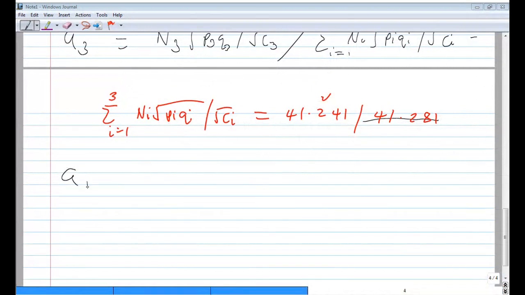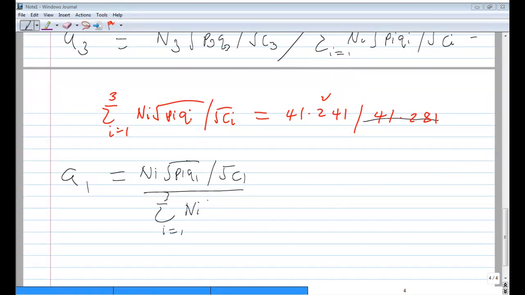So remember we're finding A1, which is equal to N1 square root of P1 Q1 divided by square root of C1, then divided by the summation of ni square root of pi qi over the square root of ci. Okay, and then what about the numerator? Here we are going to divide it by 41.241.